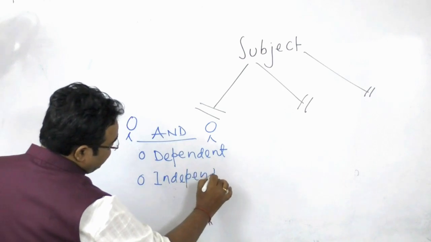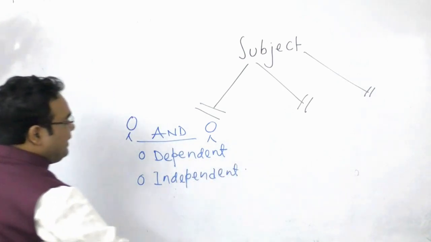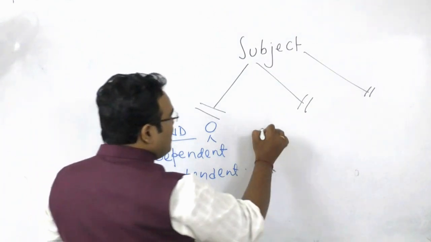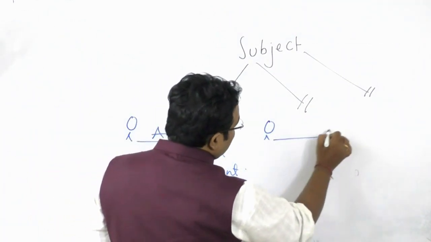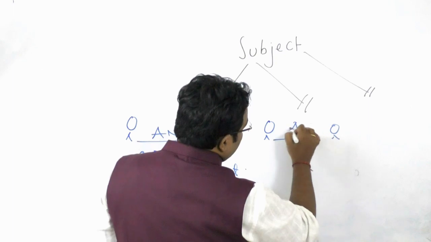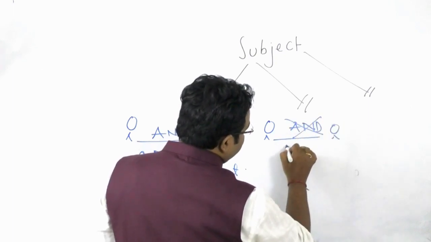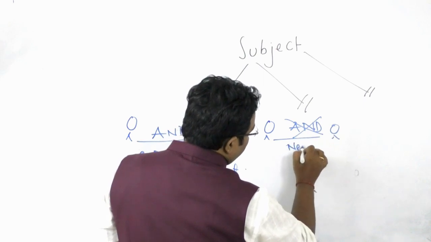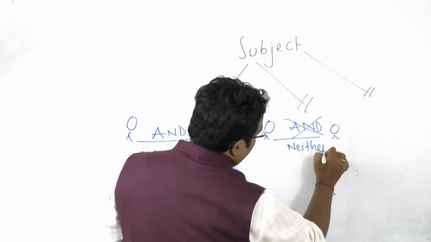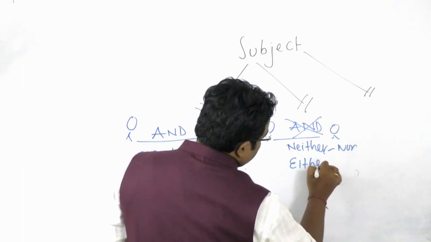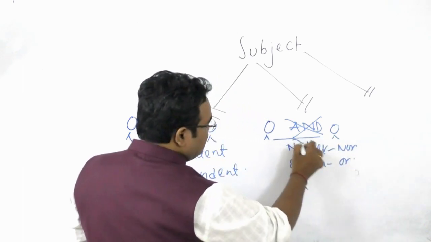We will discuss the difference between these two, dependent and independent. But if you connect 2 subjects by anything other than and, neither nor, either or, just see the trick.